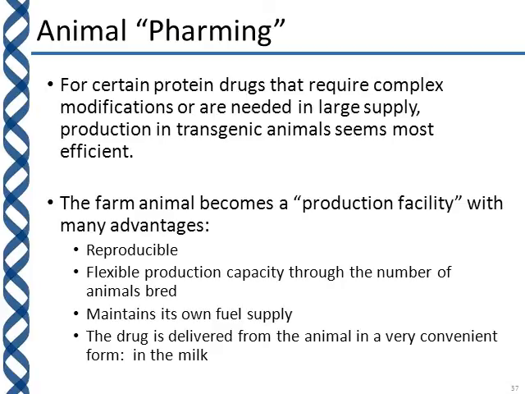These farm animals become a production facility with many advantages. They are reproducible. There is flexible production capacity through the number of animals bred. It maintains its own fuel supply. The drug is delivered from the animal in a very convenient form, in its milk.